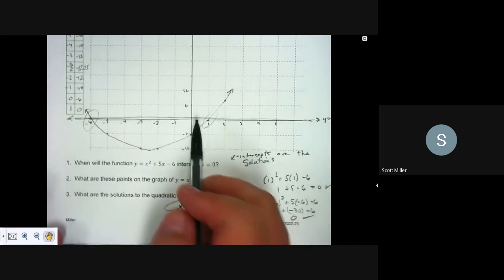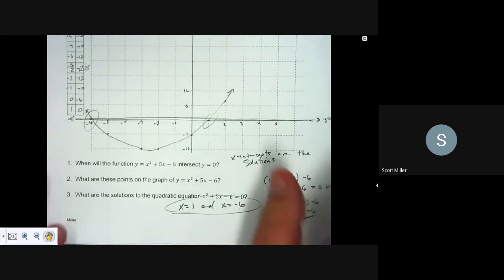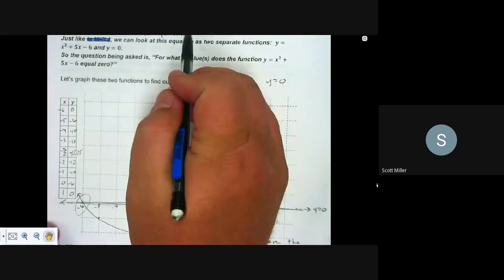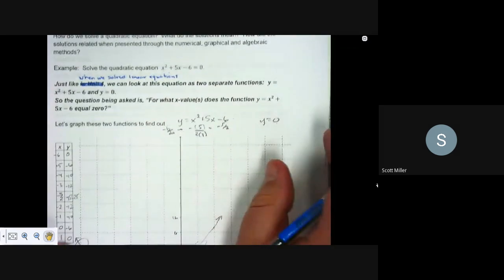And so because these are x-intercepts, we have a form that shows me the x-intercepts, the intercept form, or factored form. So a technique algebraically to solve this equation right here is by using the factoring technique.